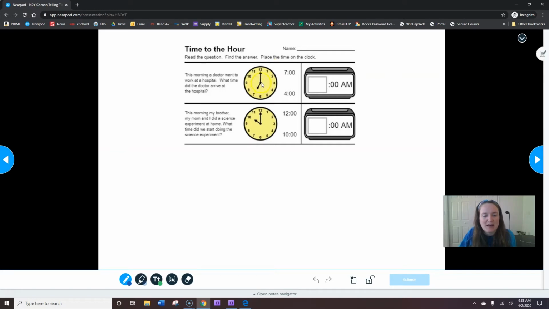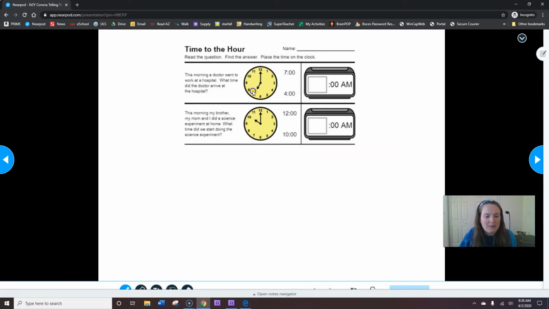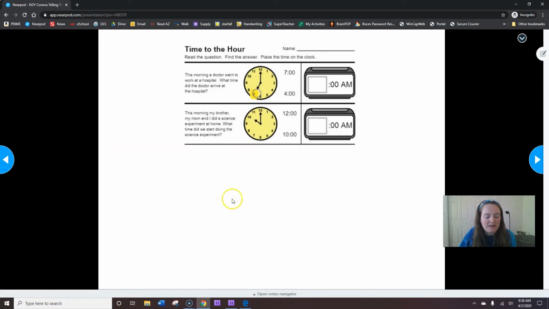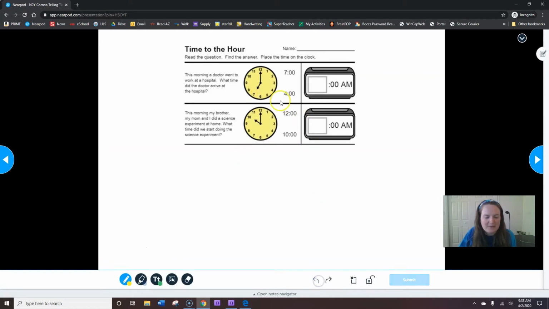So I see that we have a big hand and a little hand. Now the little hand is pointing at the 7. Okay? So I'll circle that so that we remember that the little hand is pointed at the 7. I just went over it. How about I highlight that?